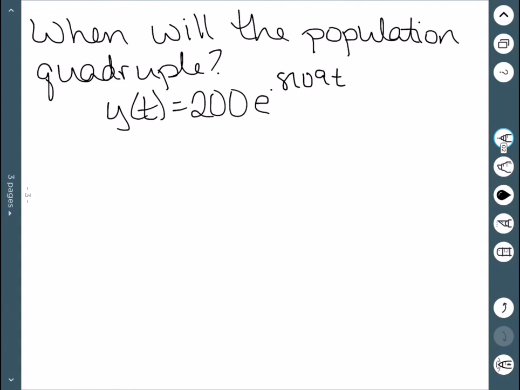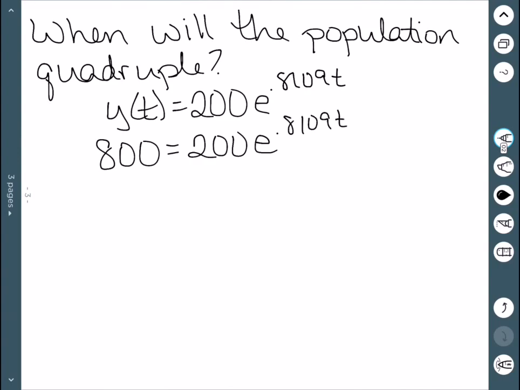Next, we want to know when will the population quadruple. So we want to know when it will be 4 times as large as it started. Since we started at 200, quadrupling would be 800. And we need to solve for t. We start by dividing by 200. We can then take the natural log of both sides.